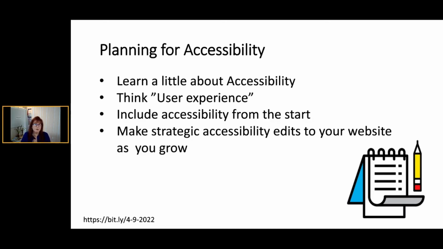We want to think about the actual persons, the users that are coming to your website. If you include accessibility from the start, it's easy. It does take a little bit more effort to remediate a site that is not accessible. So as you grow your site, make strategic plans so that you can make those edits as you grow, so your website maintains that accessibility.